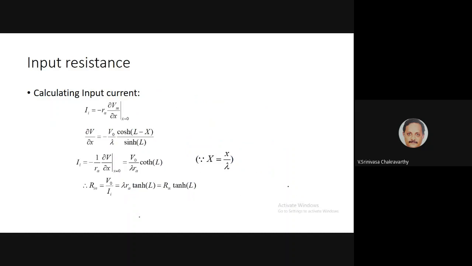Now, how do you find the input resistance? Again, just like before, you find the input current and then do V naught by the input current, and you get the input resistance. The input current is given by 1 by Ra times dVm by dx at x equal to 0.